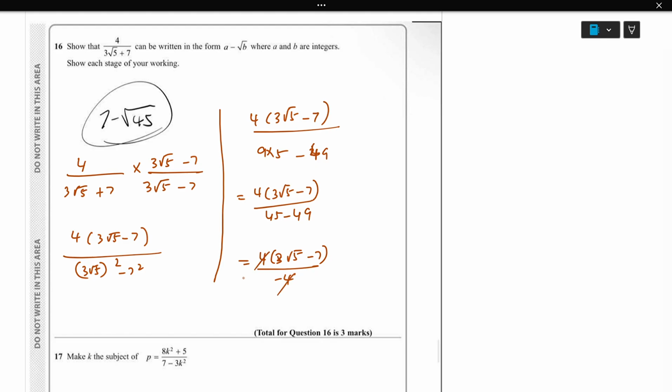The 4 got cancelled. The negative is in the denominator, so taking it into the numerator it becomes 7 minus 3 root 5. But the answer is saying there is no number outside, only a minus b root. So bring the 3 inside, the square root becomes 9, and 9 times 5 is 45. So the answer is 7 minus square root of 45.